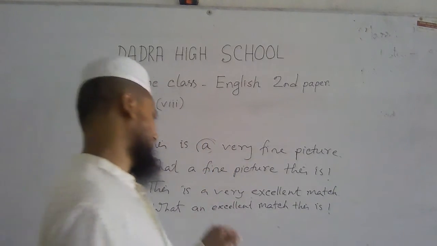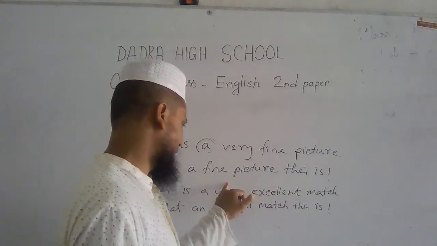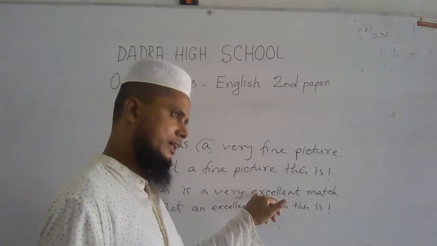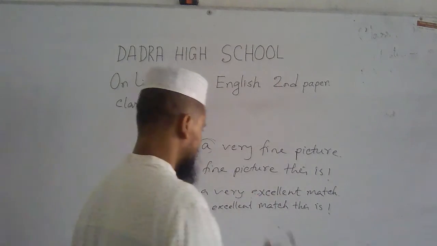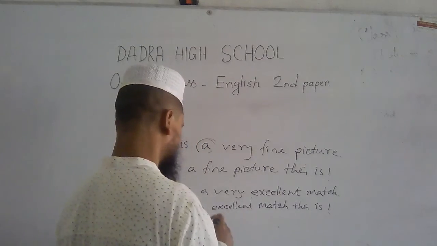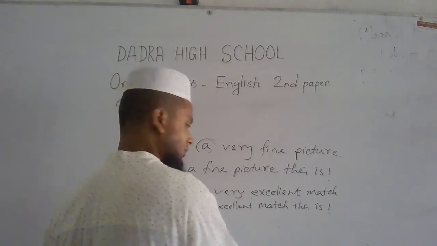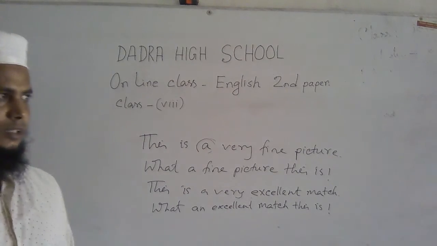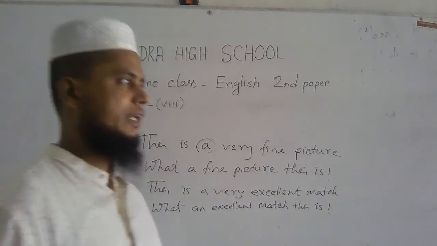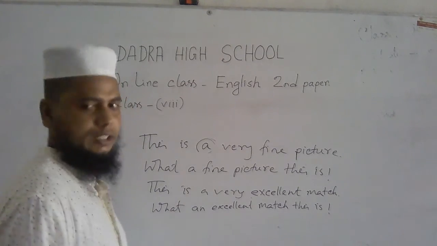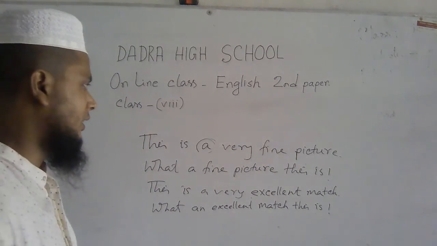But in the other case, we have given a very, but the word that comes after very starts with the vowel e, and for this vowel e, we have to change the a into an, and such types of variation or change you have to do carefully. I think you have all understood.